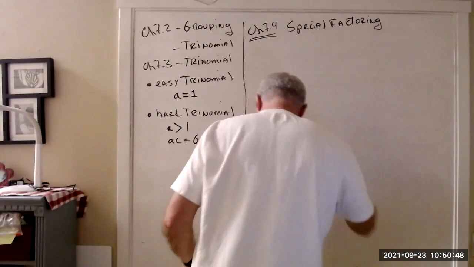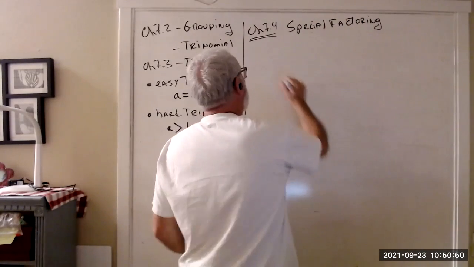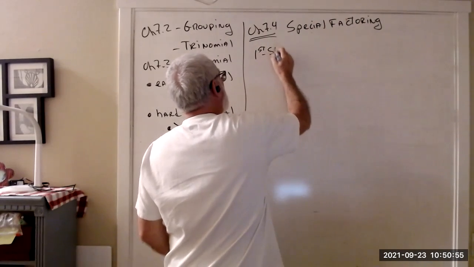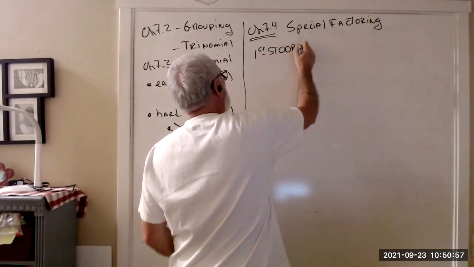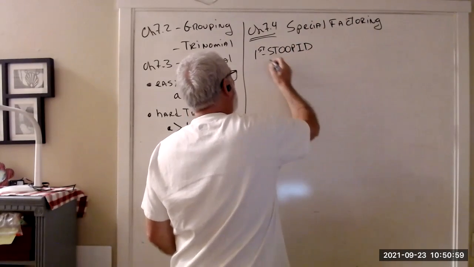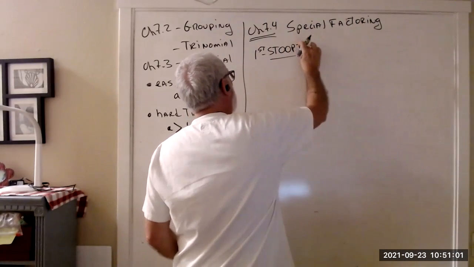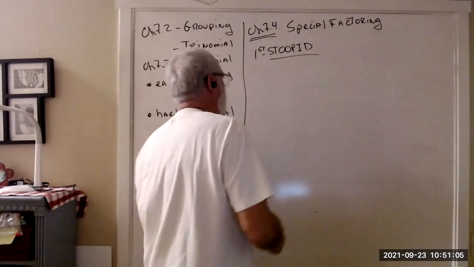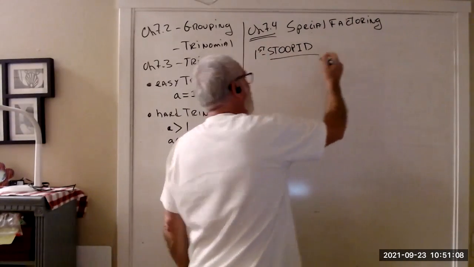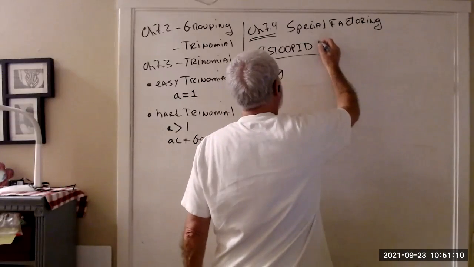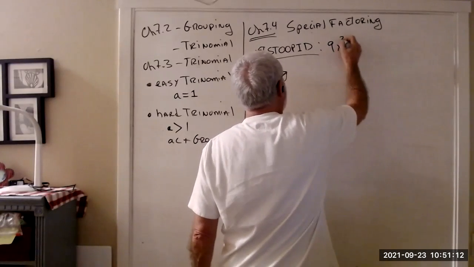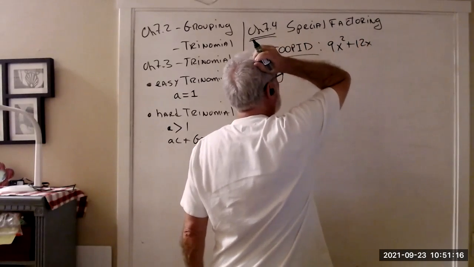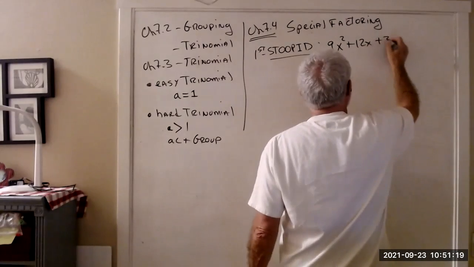The first one I think is stupid. Remember the problem we did earlier, 9x squared plus 12x plus 36?